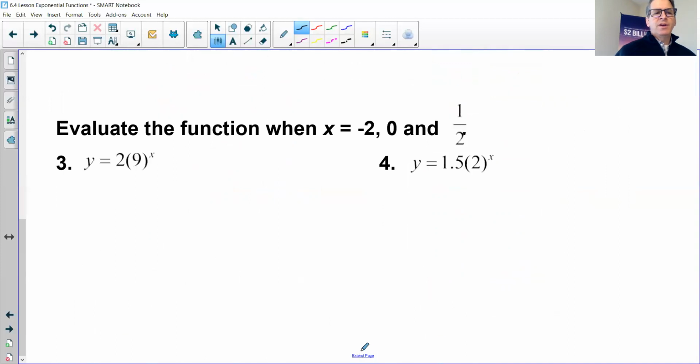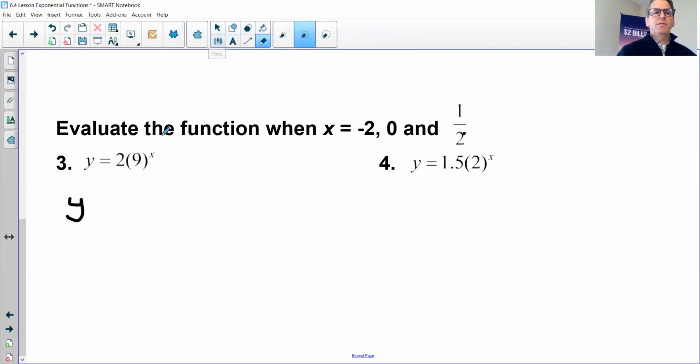On your own, number 3, y is equal to 2 times 9 raised to the x. I'm going to do this number 3 with x equals -2, x equals 0, and x equals 1/2. Okay.